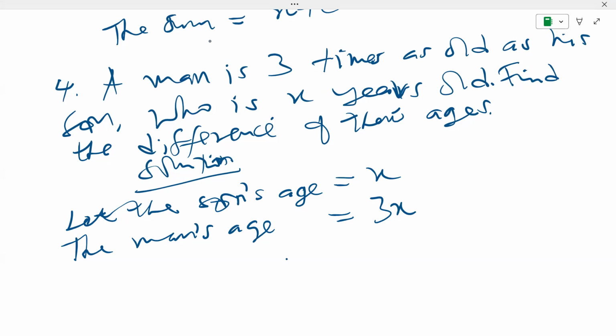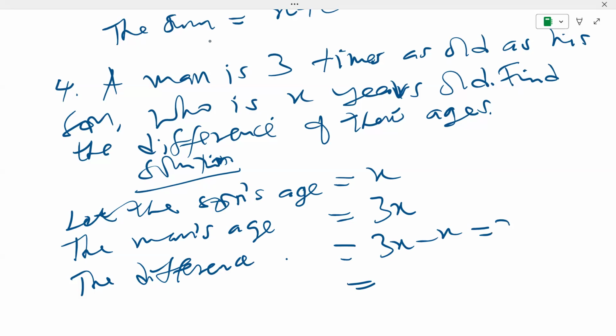Now let's find the difference. So the difference will be 3x minus x, and that will give us 2x.